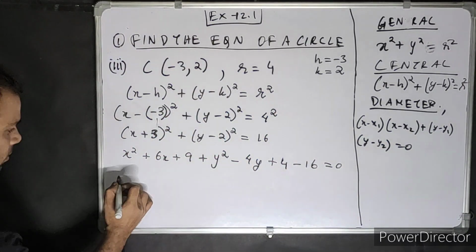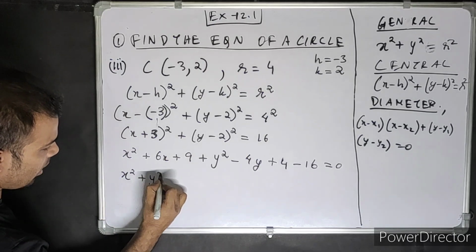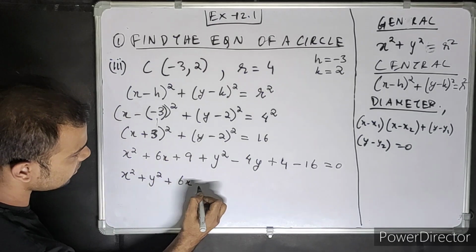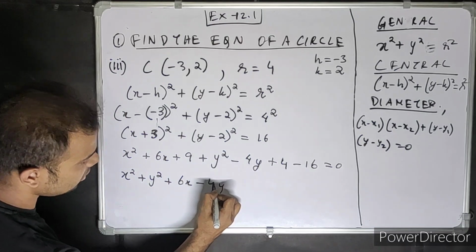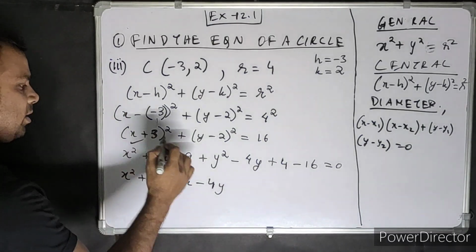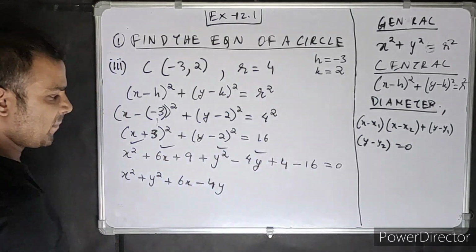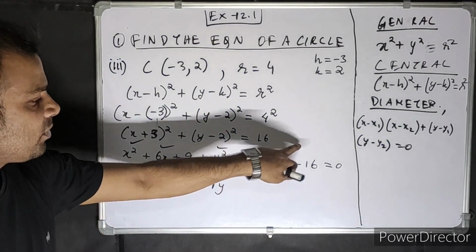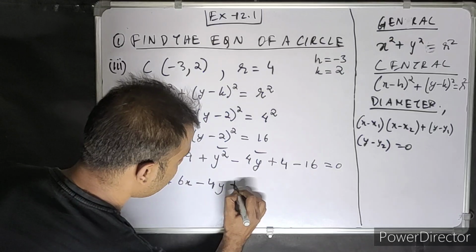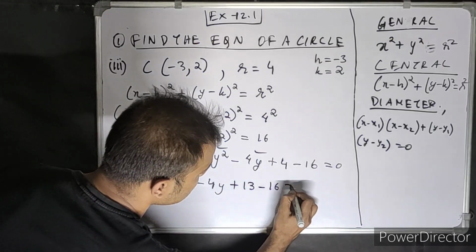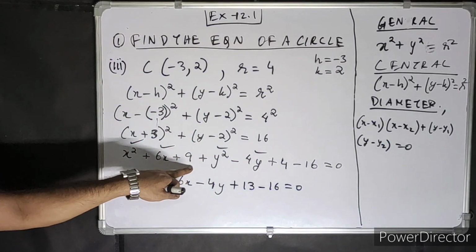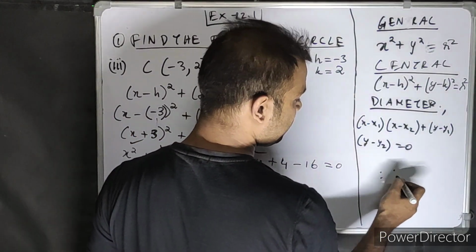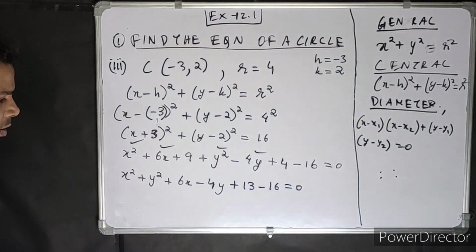So next, x square plus y square plus 6x minus 4y. Write these terms because nothing is common in them. Then 9 plus 4 is 13, so that is plus 13 minus 16 is equal to 0. You are allowed to use a calculator.